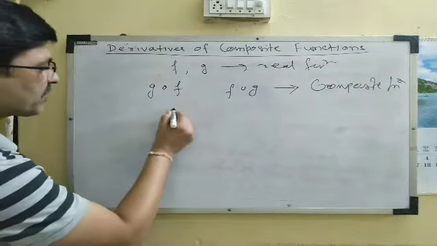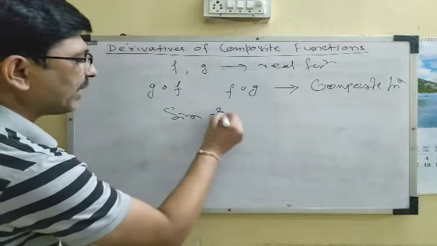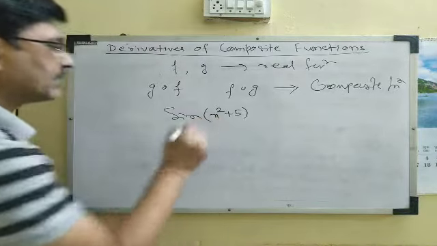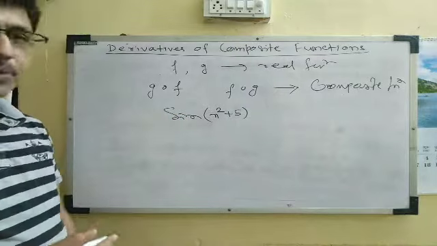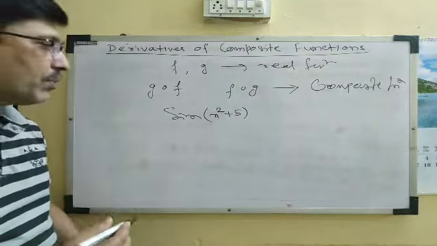Let us consider this function sine of x square plus 5. This is an example of a composite function. This is the composition of two functions.